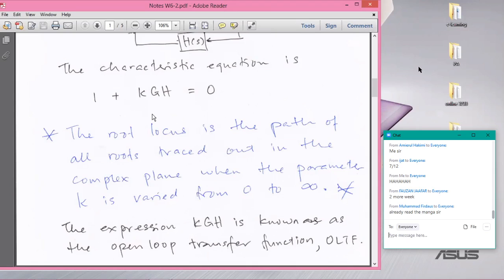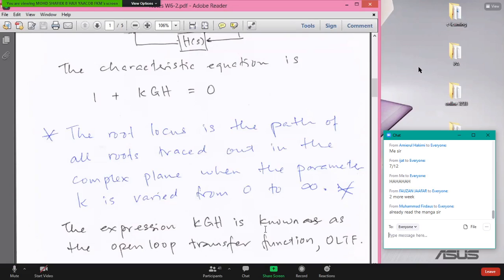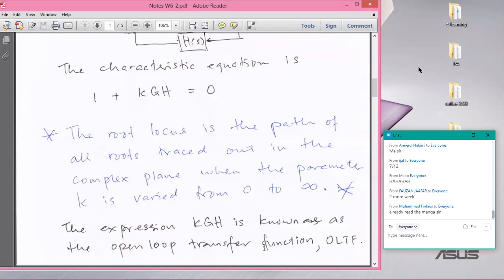So on a complex plane, a complex number will have what we call a magnitude and angle. If you remember correctly, when you learned about complex numbers, you can represent a complex number in terms of the real part and imaginary part. Alternatively, you can represent the complex number in terms of its magnitude and its angle. So if you look closely at the characteristic equation, KGH here is going to be equal to -1.